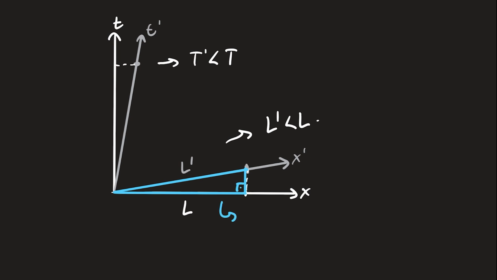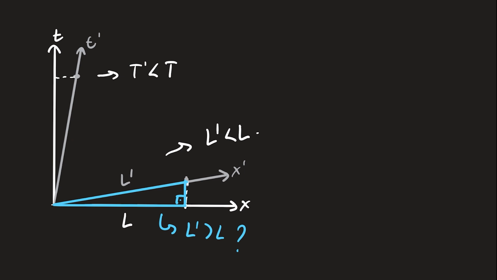So how can L prime be shorter than L? It's supposed to be longer. Well, this may at first seem like a mistake. It's not. And it's not a simple question with a simple, tricky answer. It is actually a very deep, very profound, and very mathematical concept.